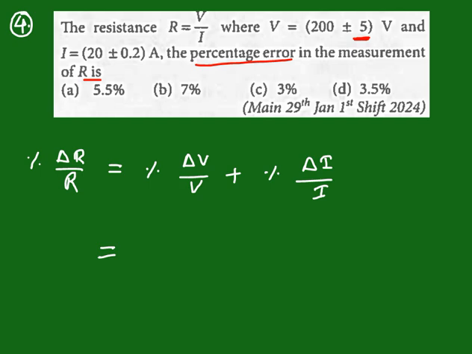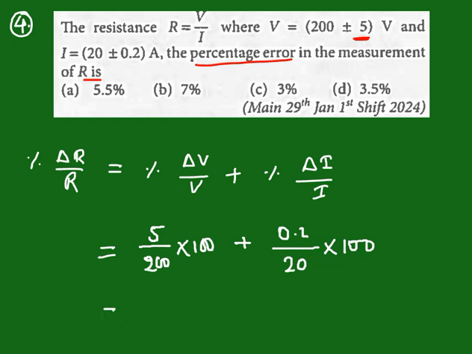So writing this, delta V by V is 5 by 200, in percentage we have to multiply it by 100, plus 0.2 divided by 20 into 100, and from this we get the answer 3.5%. Option number D.